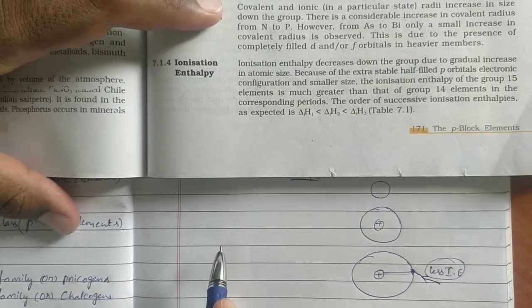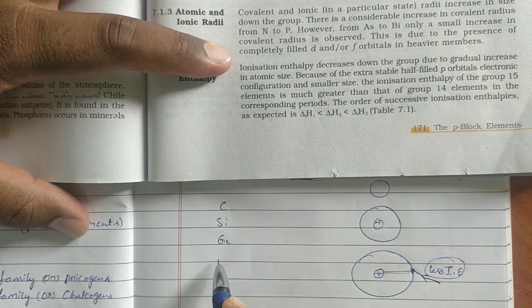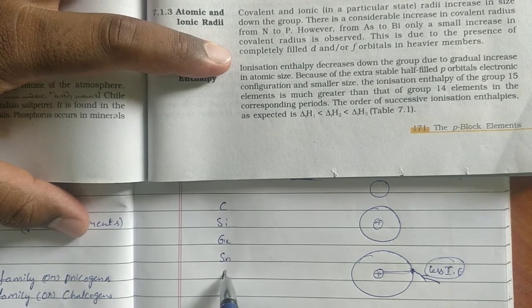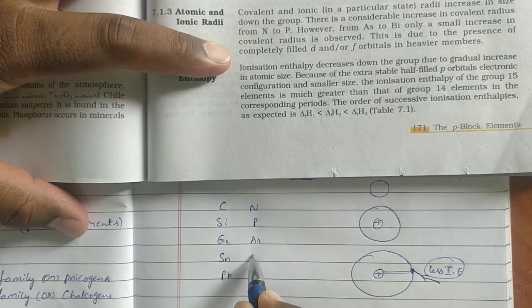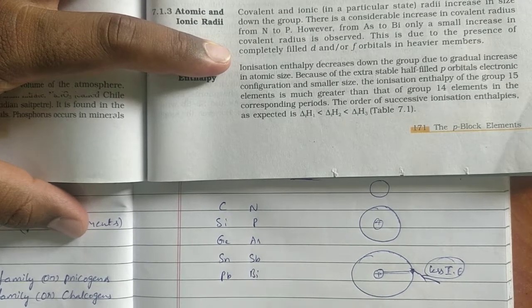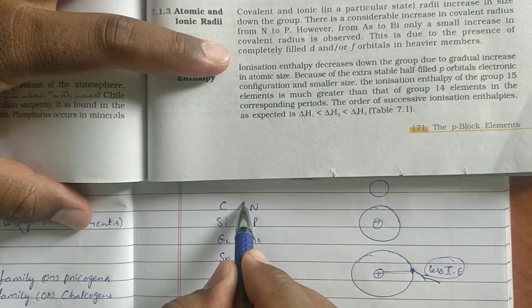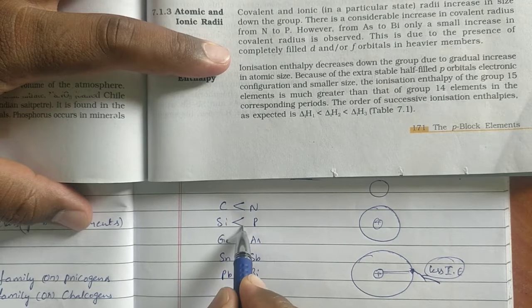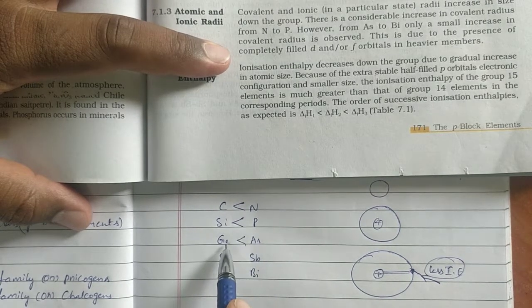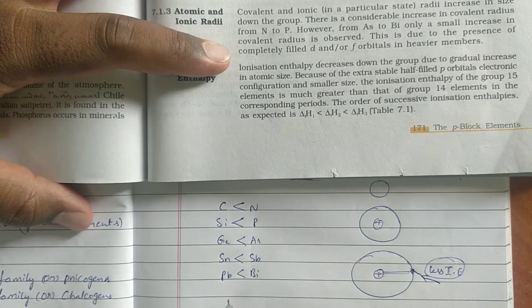Now they are comparing with group 14. Carbon, silicon, germanium, tin, lead; nitrogen, phosphorus, arsenic, antimony, bismuth. Ionization enthalpy of carbon is less than nitrogen, germanium is less than arsenic, tin is less than antimony, lead is less than bismuth.